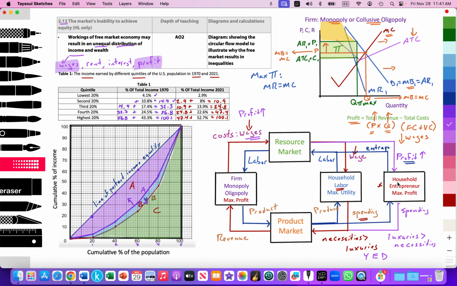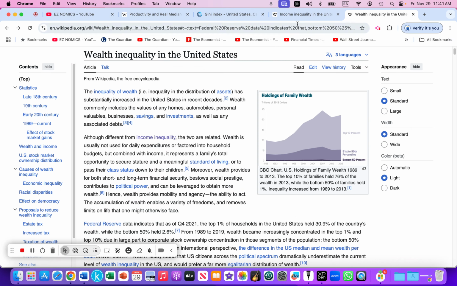And the higher profits for the household that is the entrepreneur will enable them to acquire more wealth, more stocks, bonds, real estate. We can see that here in the United States. I think this is that the top 10% of the United States is holding much more family wealth than the other, let's say, 90% of the United States.